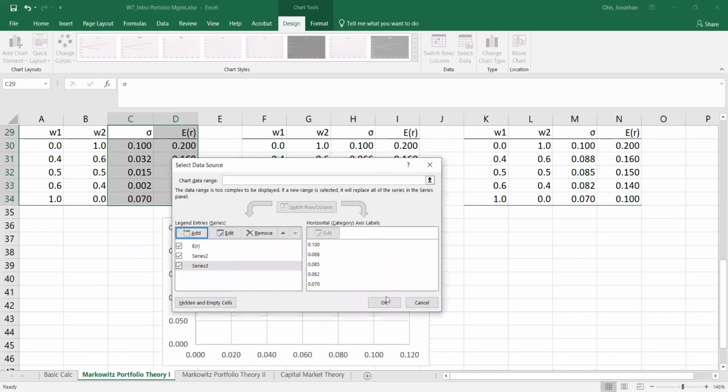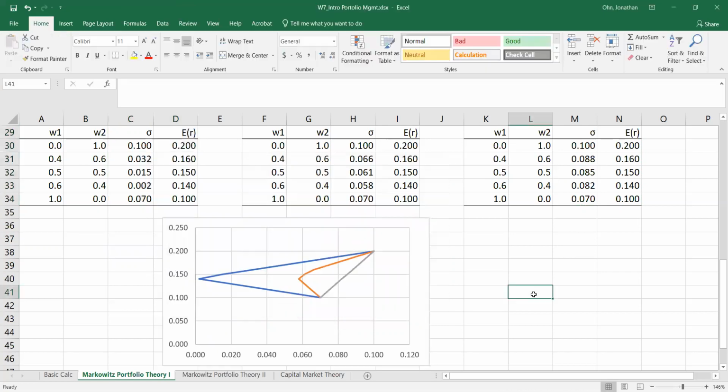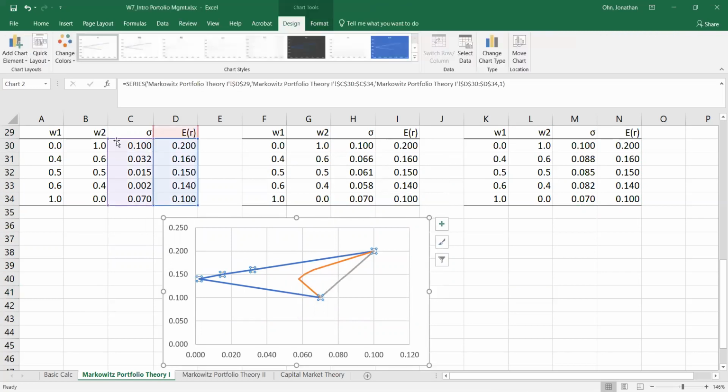Now look at this. We got this nice looking graph there. The blue is the case of perfect negative correlation, and this orange is the zero correlation coefficient, and this straight line is the perfect positive correlation.